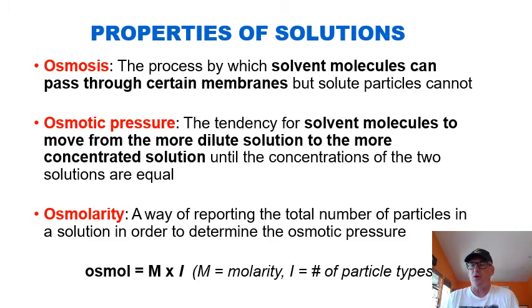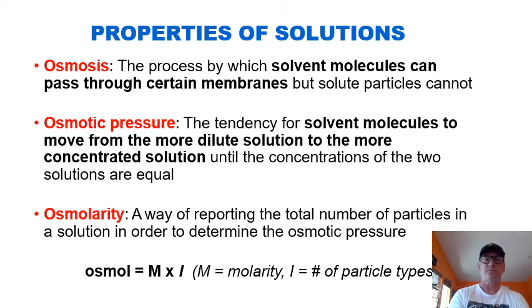So these are important properties of solutions in the hospital. We're talking osmosis. So osmosis is the process through which solvent molecules can pass through a membrane. And a membrane basically is just something with very, very small pores that allow small molecules to pass through, but large ones can't.